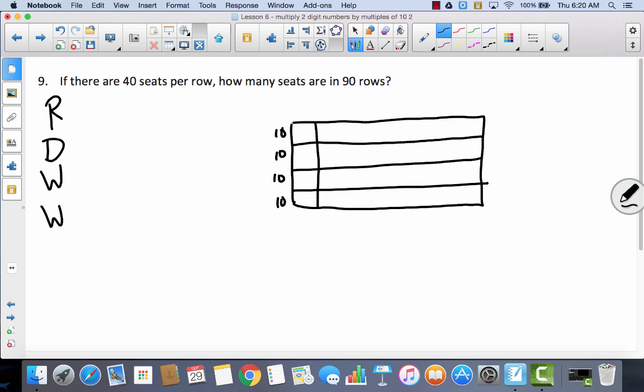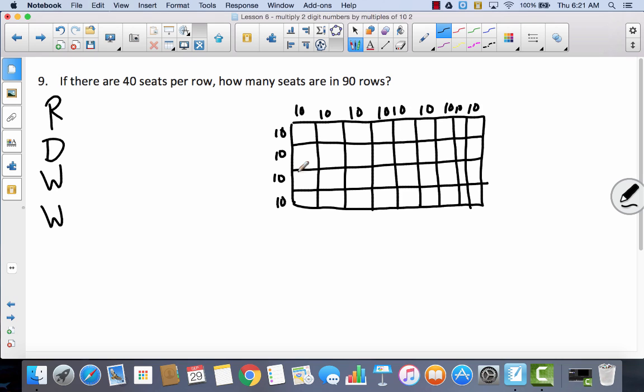So that's 2 boxes, 3, 4, 5, 6, 7, 8, 1 more, 9. Okay, so each of these will be 10. So this is 9 tens across the top. And then I have 4 tens across the side. So 10 times 10 is equal to 100.